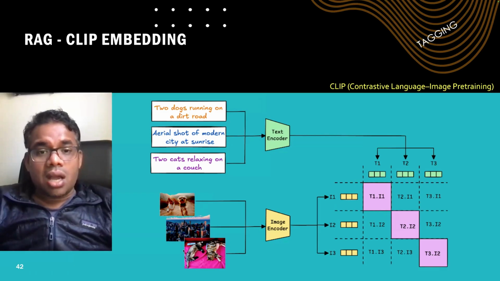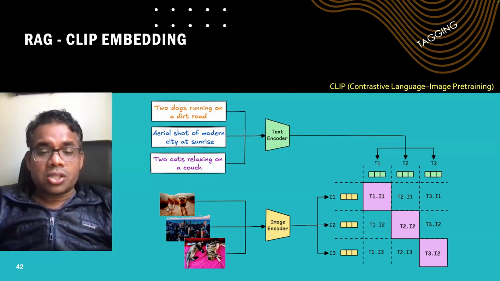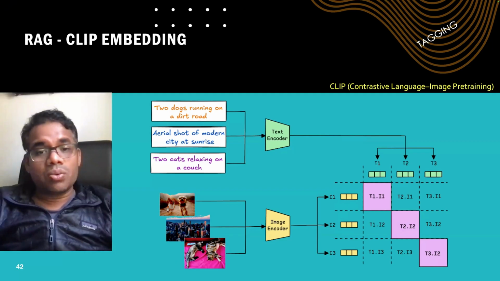So how are we going to describe this particular image, what exactly the image is doing here, what exactly is in this image? This image describes two dogs running on a dirt road. So in the future, whenever this kind of image is encountered by this model, it will try to understand: okay, these are dogs, right? And they are running.